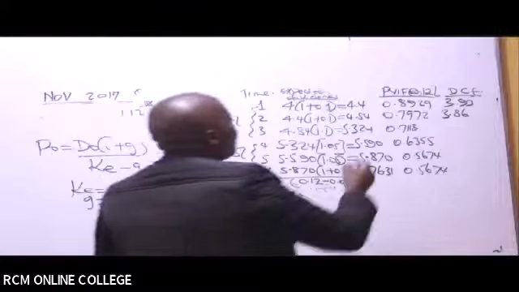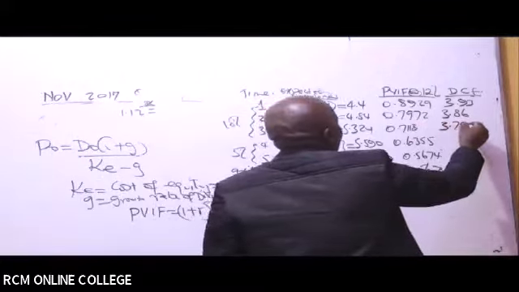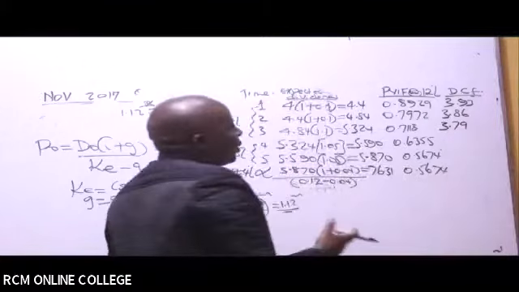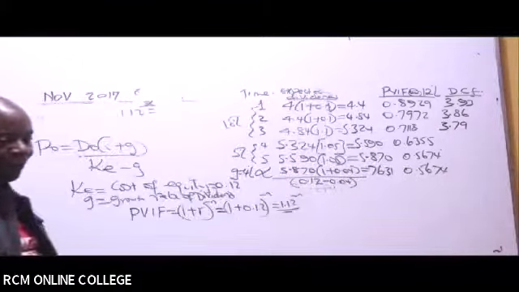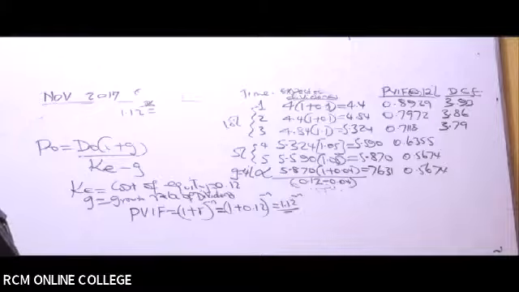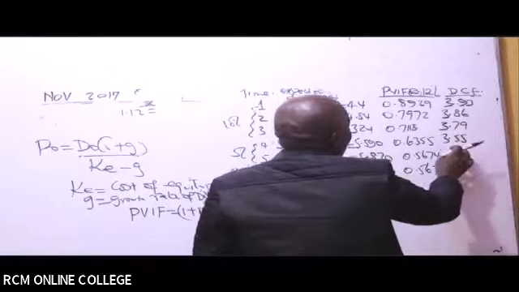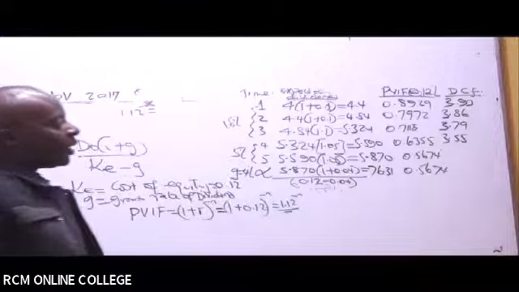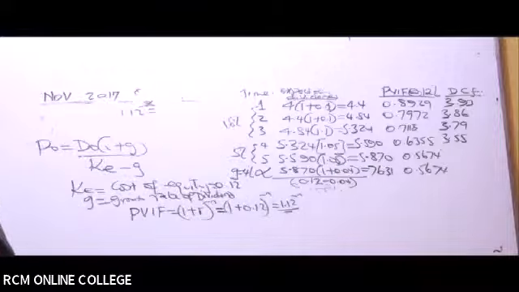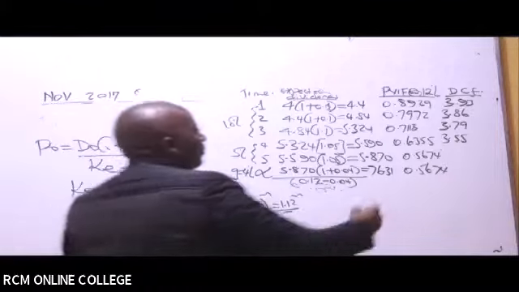3.79. Thank you so much. And then we have here 5.590 times 0.6355. In this particular case, ladies and gentlemen, it is 3.55. Second last, 3.33.